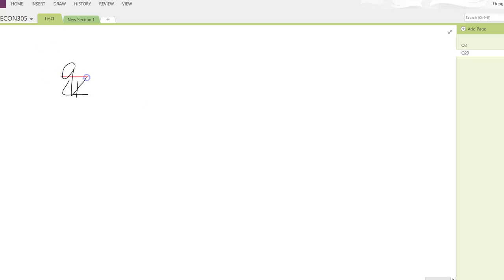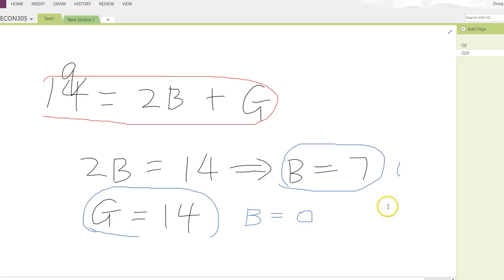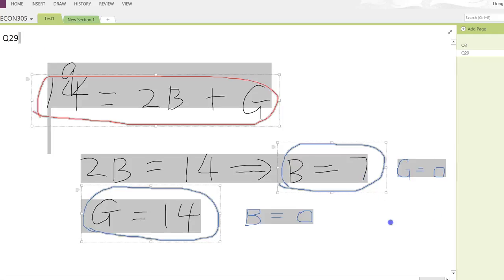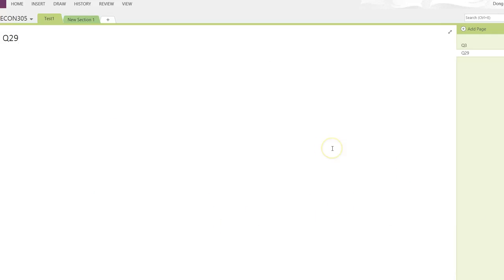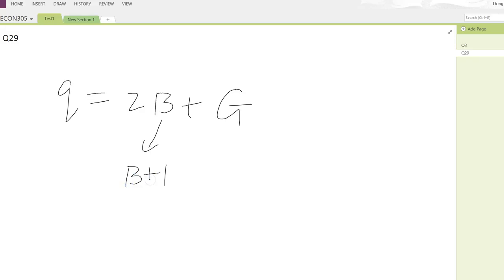Let me erase this. So this is Q equals 2B plus G. Now the marginal product is when we add B by 1 more unit. Start from B and then add 1 more unit. What happens to Q, the increase of Q? That's the definition of marginal product.